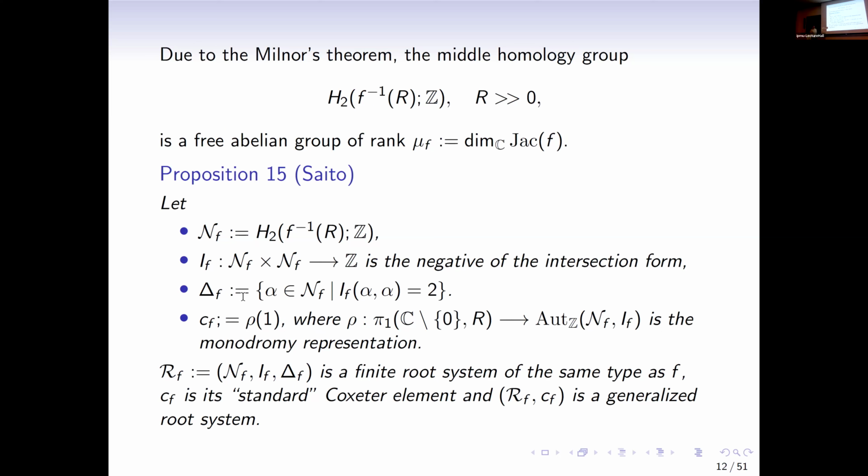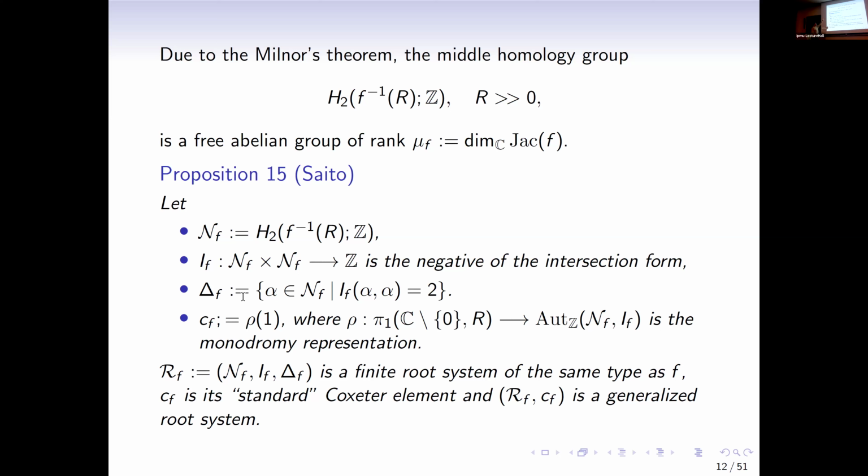Sorry, may I ask you? Typically, the normal fiber should be close to zero, I mean, to the singularity, right? And here it takes R to go to infinity. Yes, in order to have the smooth one. So you meant to say it does not matter. Yeah, that doesn't matter.